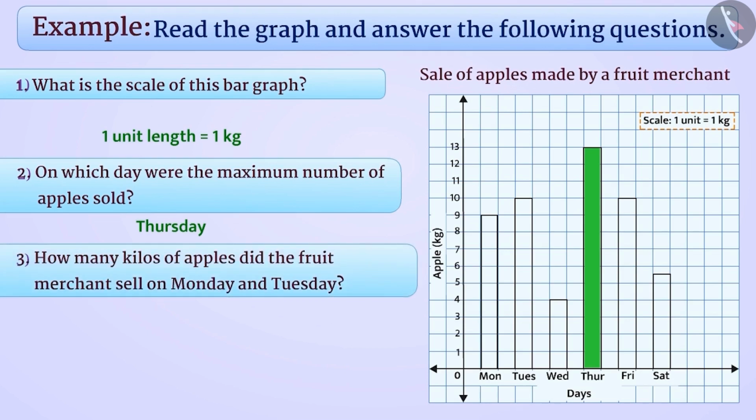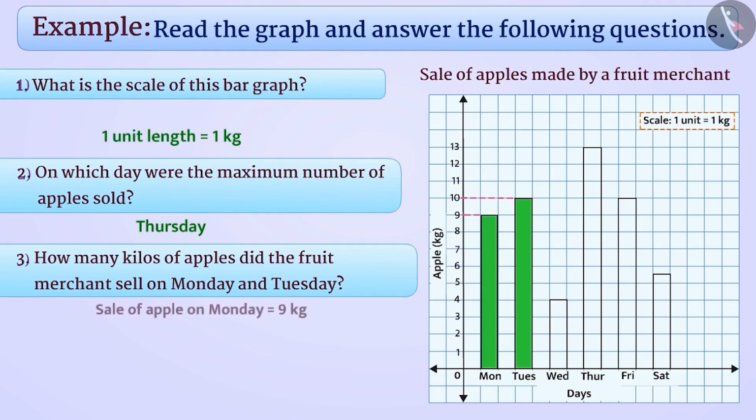Third question. How many kilos of apples did the fruit merchant sell on Monday and Tuesday? Monday is marked by 9 unit lengths of a bar and Tuesday by 10 units. Here we are given the scale 1 unit length is equal to 1 kg apples, which means 9 kgs of apples were sold on Monday and 10 kgs on Tuesday.